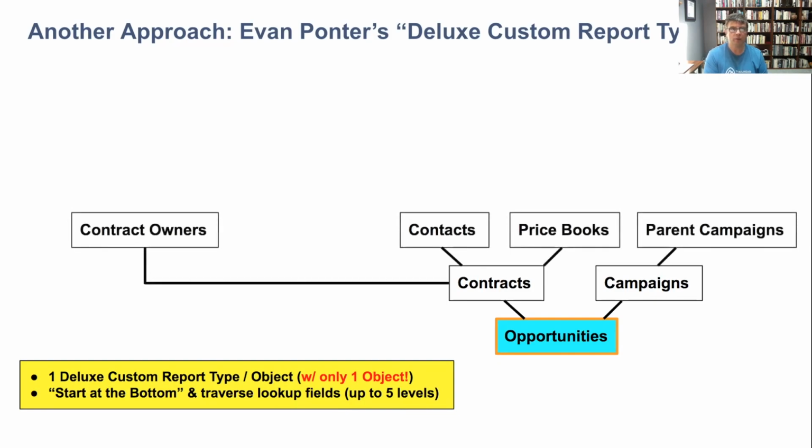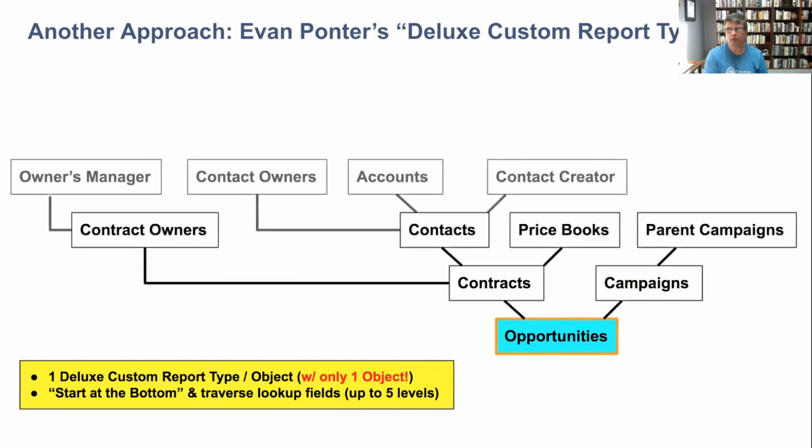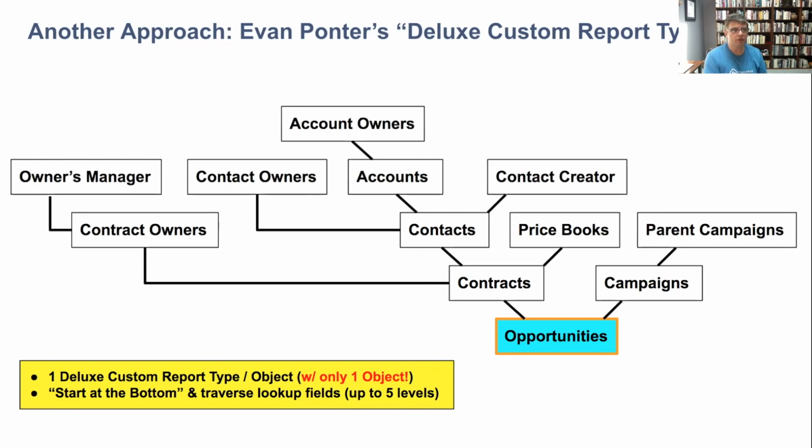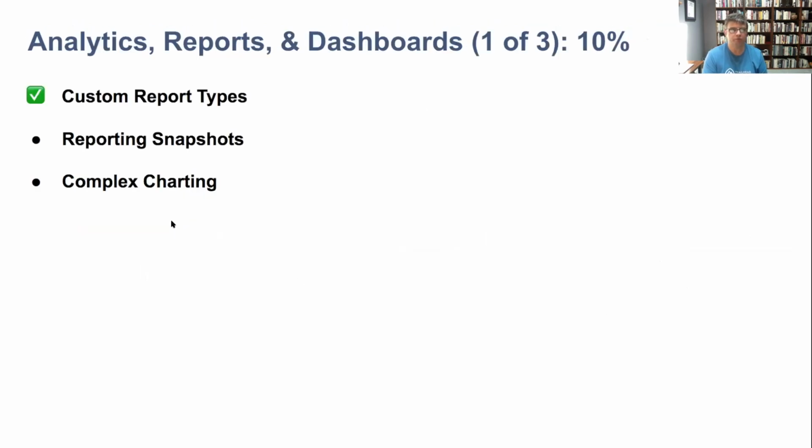From there, he can go up to contract owners, contracts, price books, parent campaigns, and so on and so forth. And the benefit to this is not a magic bullet. There are some shortfalls to this as well. But one of the benefits is you're not filtering out with this with or without inner join, outer join. You're getting access to all the different fields. So I thought that was worth sharing as well.